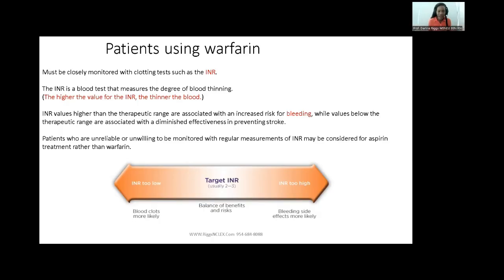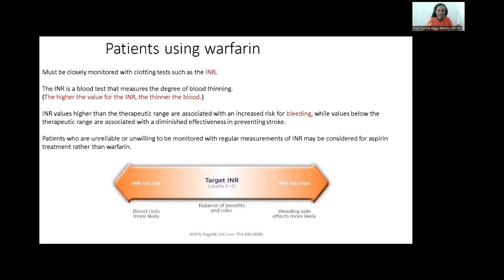Vitamin K. Now, vitamin K is found in so many foods, especially your green leafy veggies. So clients have to be educated to not consume excessive amounts of those foods high in vitamin K because it's the antidote. It's going to stop the drug from working.